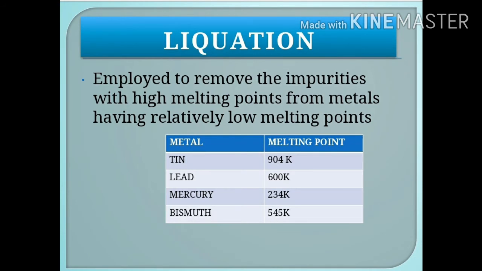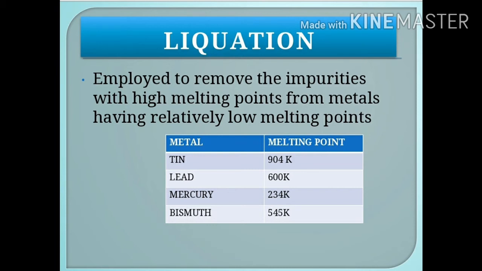Liquefaction. Liquefaction is employed to remove impurities with high melting points from metals having relatively low melting points. If I have a mixture of a low melting point metal and high melting point impurities, the high melting point impurities can be removed. So the process is called liquefaction.